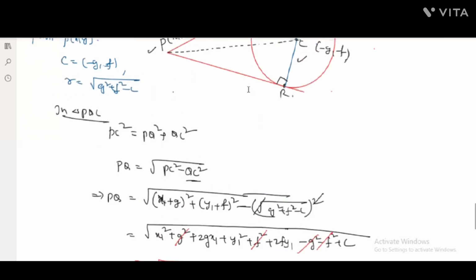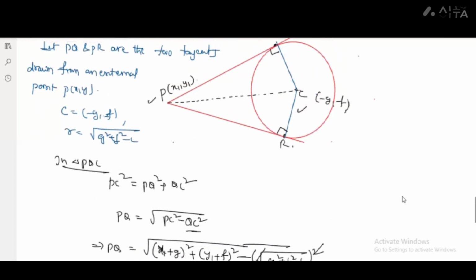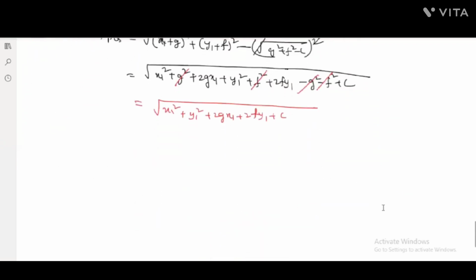So what is this actually? If you look at the diagram, this x1 comma y1, if you substitute in the circle equation S is equal to 0, you will get x1 square plus y1 square plus 2gx1 plus 2fy1 plus c, right? So that we will denote as S1. So we can write this as root over S1.